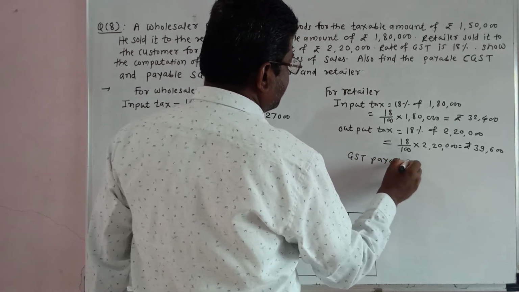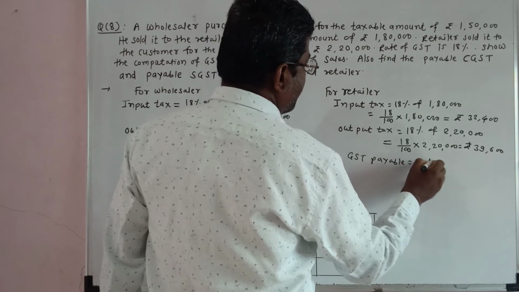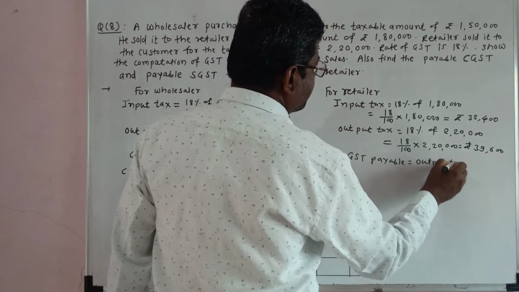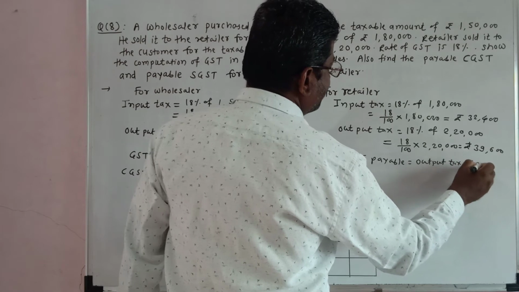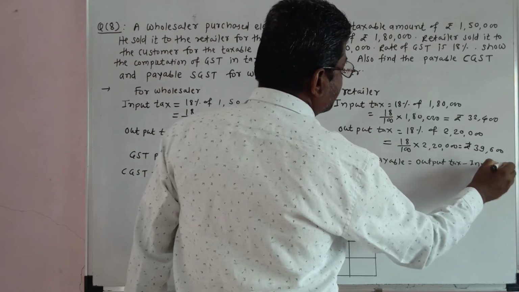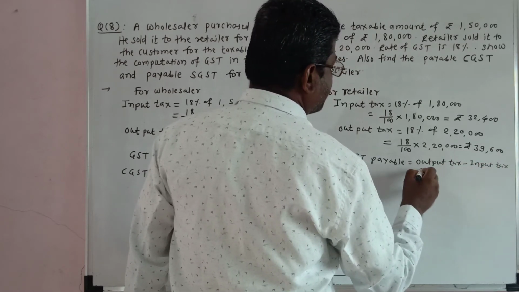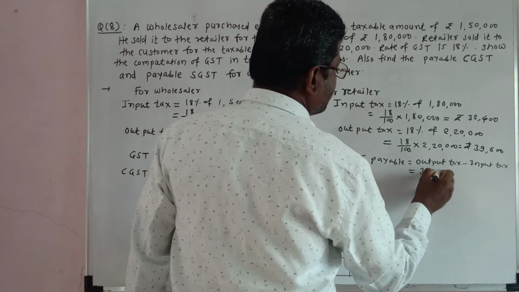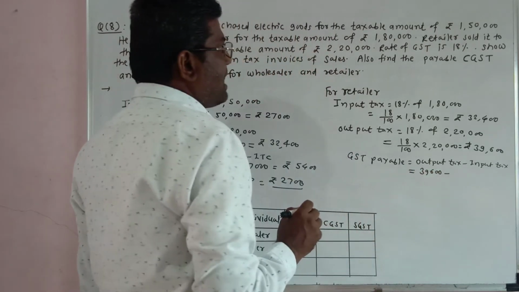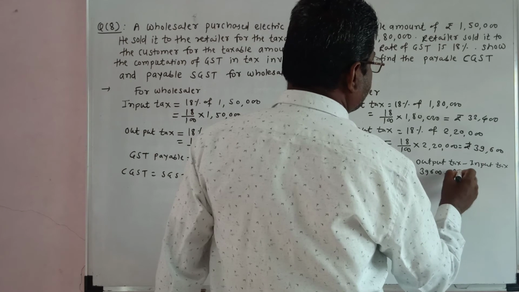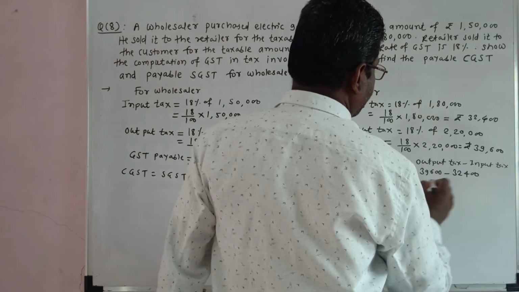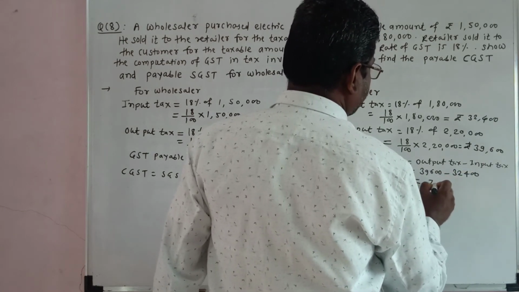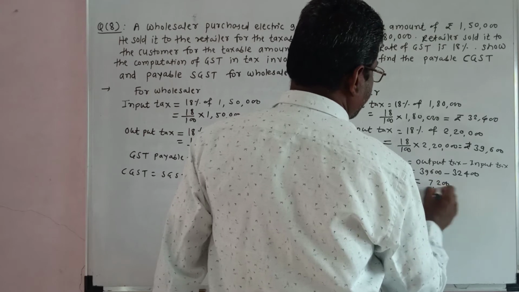Now let's find the GST payable. GST payable is equal to output tax minus input tax. Here output tax is 39,600 and input tax is 32,400, which is equal to 7,200.